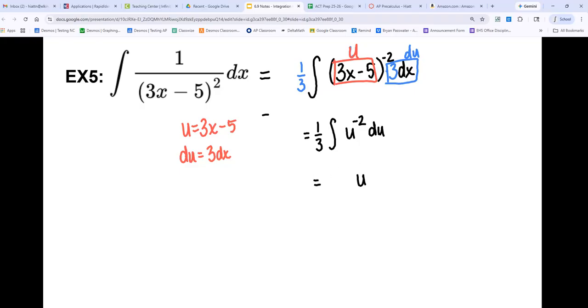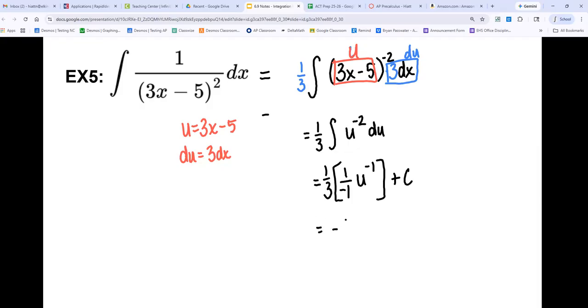So 1/3, just let it hang out front. Integrate by increasing your exponent by 1. That gives you -1. You're going to divide out front by -1, which really just gives you a negative out there. And then I like putting the plus c on the end.